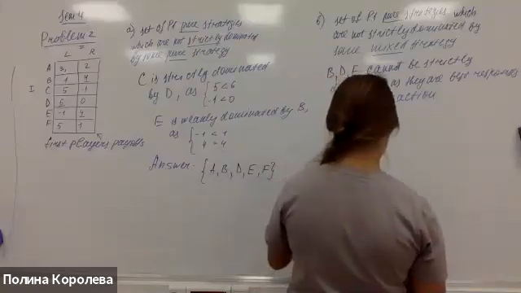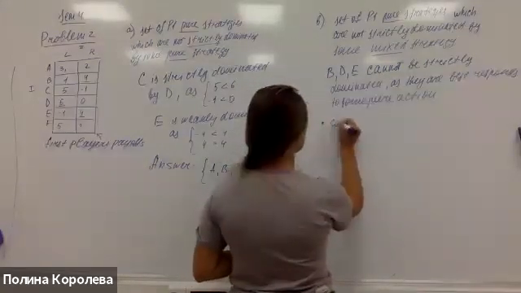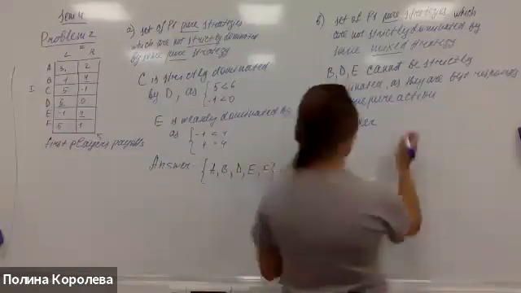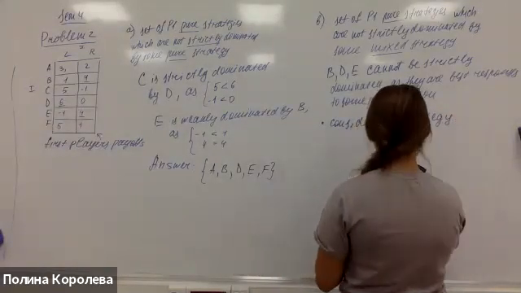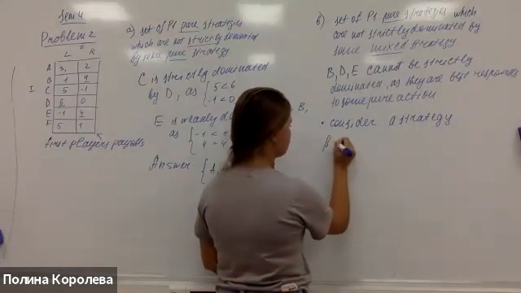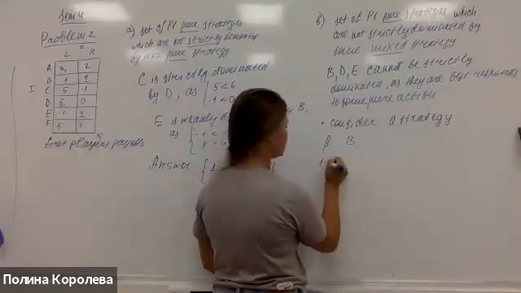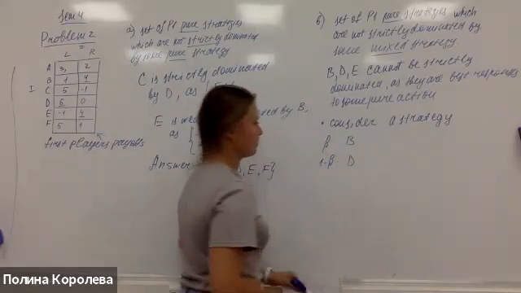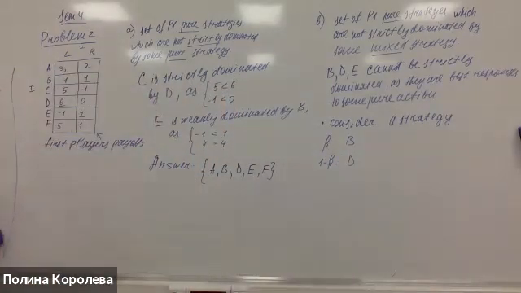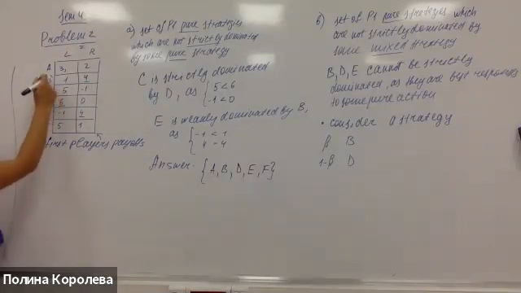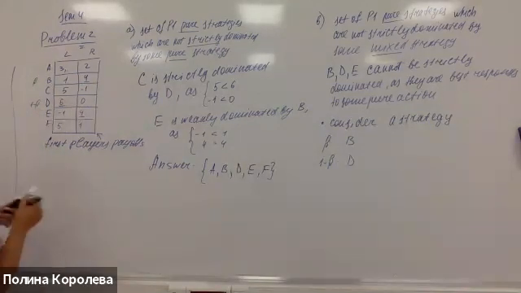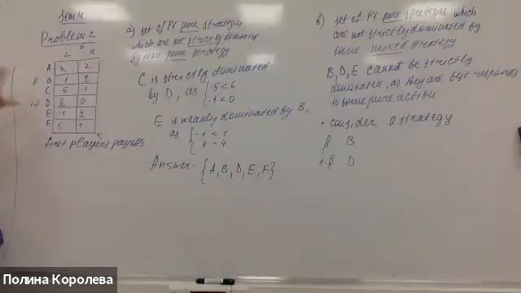Let's write down. Consider a strategy where with probability beta we will play B, and with probability 1 minus beta we will play D. So here, with probability beta, we will play B. With probability 1 minus beta, we will play D. So if we play such a mixed strategy, we will also have expected payoffs.